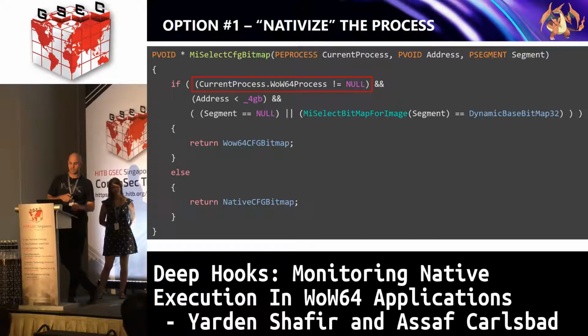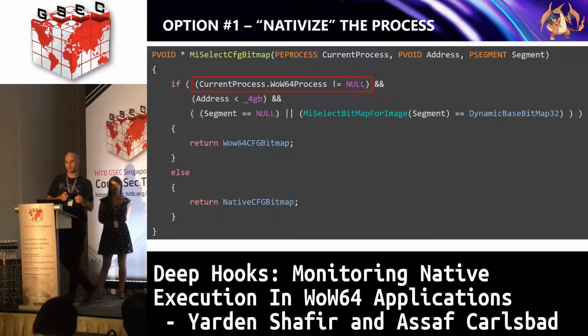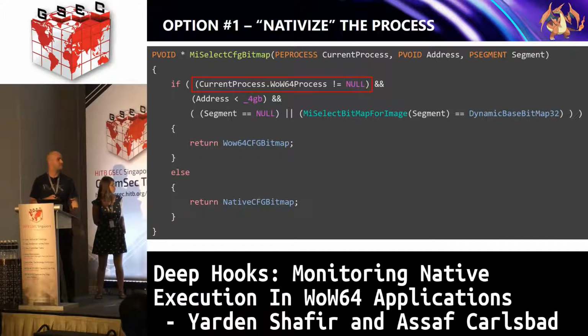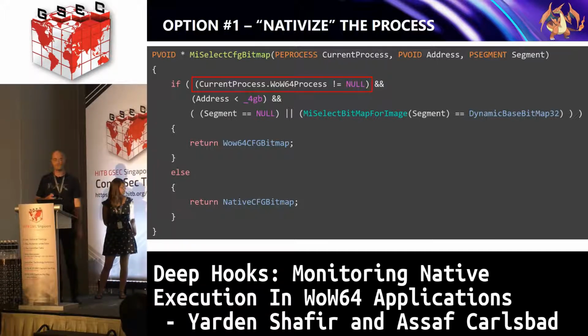The first subcondition checks whether or not the current process is a WoW64 process, and it does so by probing one of the members of the relevant EPROCESS structure. This member is actually a pointer, and if this pointer is set to null, the kernel thinks we are dealing with a native 64-bit process. Otherwise, the kernel assumes we are dealing with a WoW64 process.